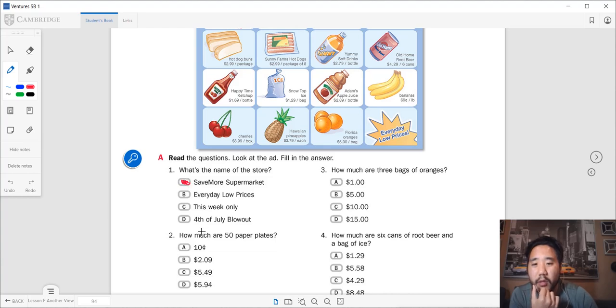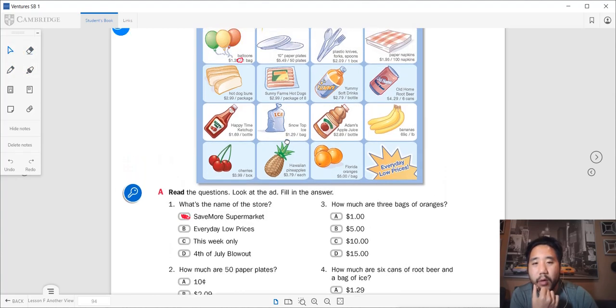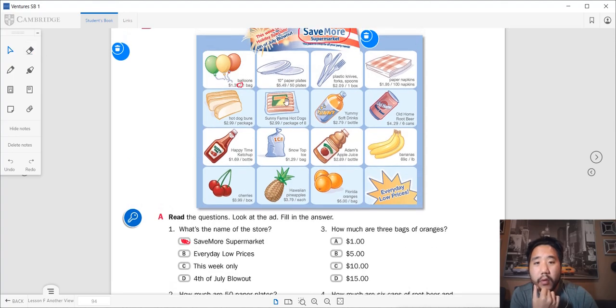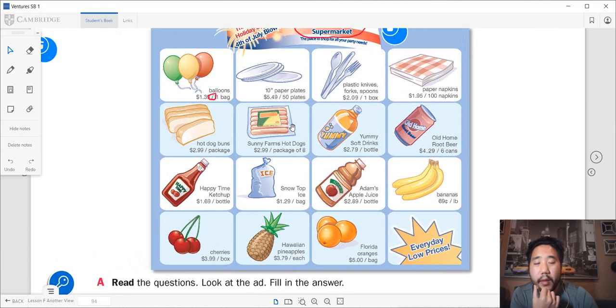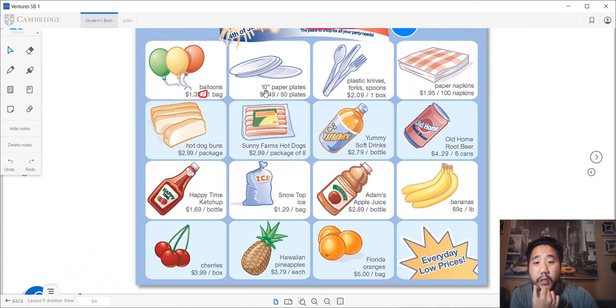So let's look at question number 2. How much are 50 paper plates? So let's look at the price for the paper plates. So we have 10-inch paper plates is $5.49 per 50 plates.